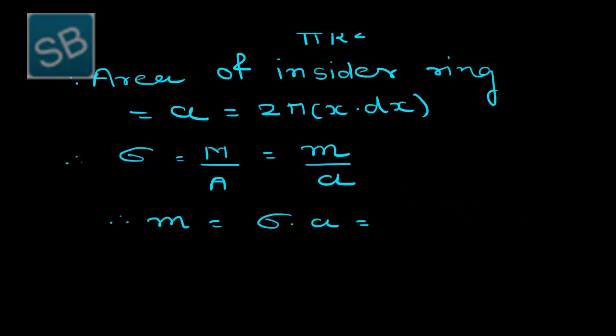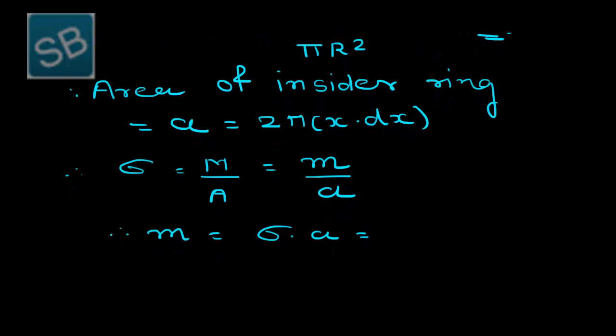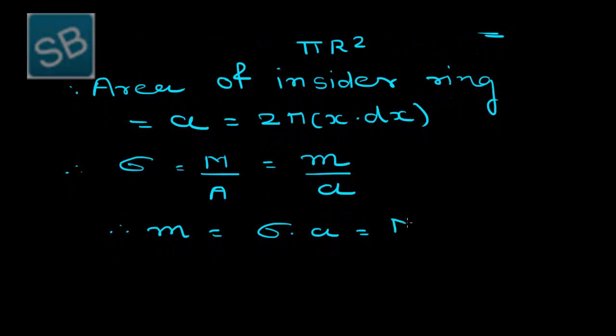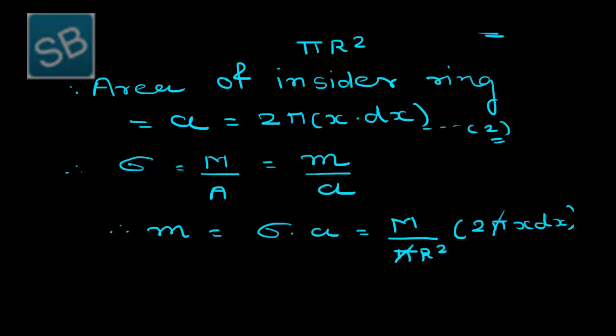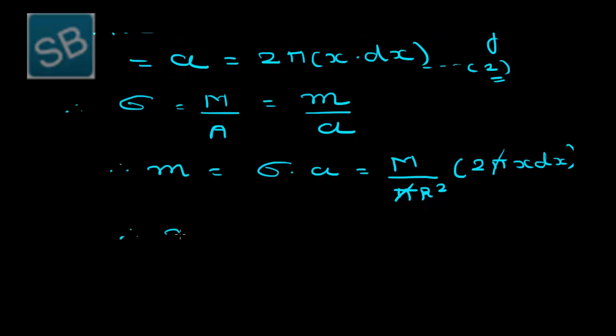Sigma has the value M over pi r square, and the value of A from equation number 2 is twice pi x dx. So here pi is cancelled out, and the value of small m is given by twice M x divided by r square into dx.